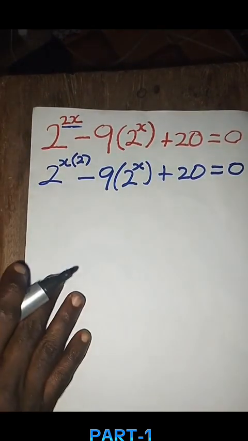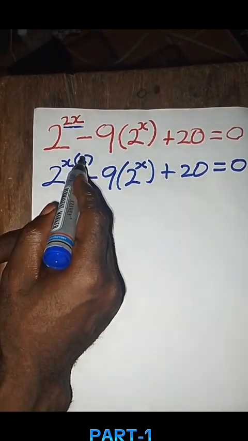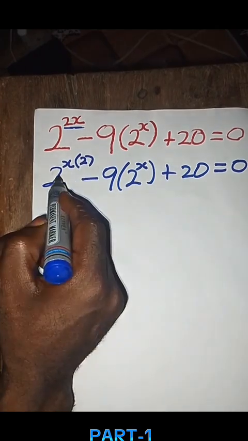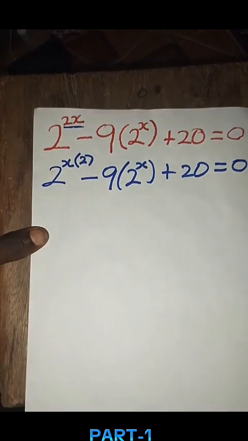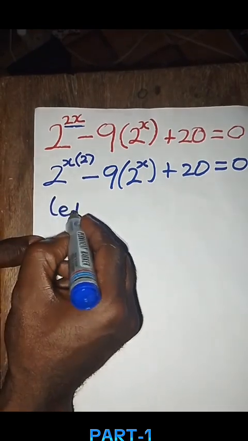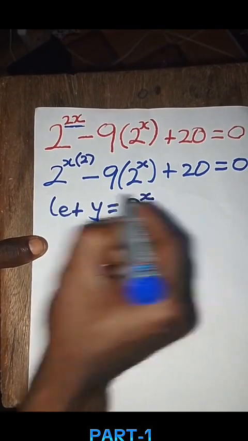Okay? And now since we have 2 to the power x and 2 to the power x, we want to use a letter to represent this value. So let's say let y is equal to 2 to the power x.